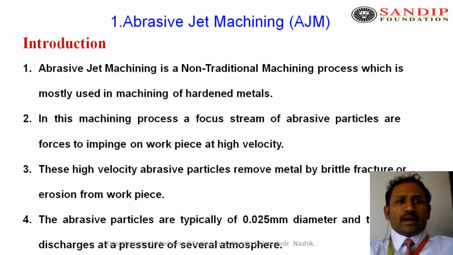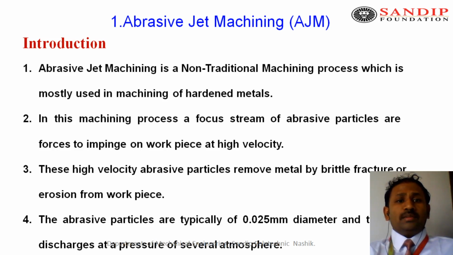So let us start the first process, abrasive jet machining process. It is shortly called AJM, and as we observed in the classification of non-traditional machining processes, it comes under the mechanical energy level. First, what is meant by abrasive?